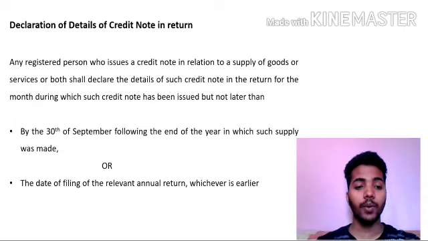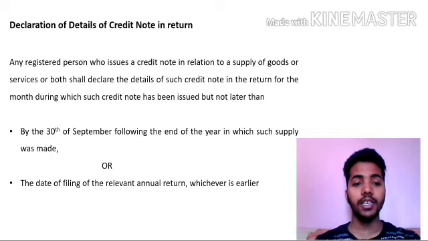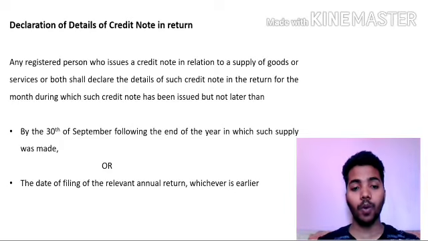In the case of a credit note, we can declare the credit note in the GST return by the 30th September following the end of the year, or the date of filing the relevant annual return, whichever is earlier.